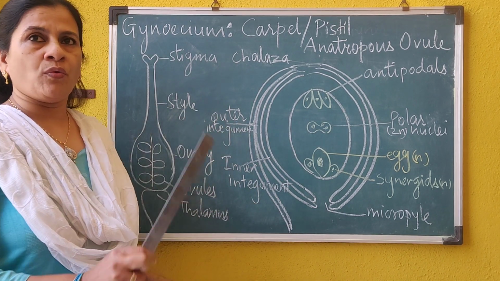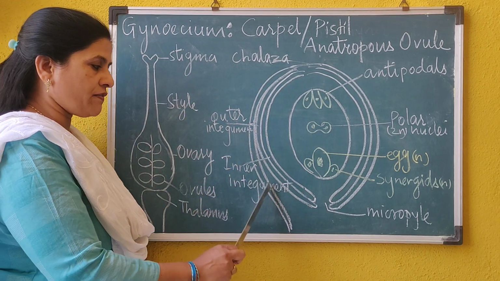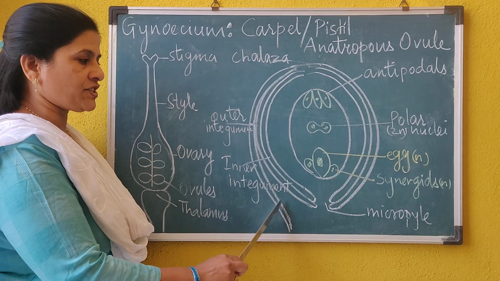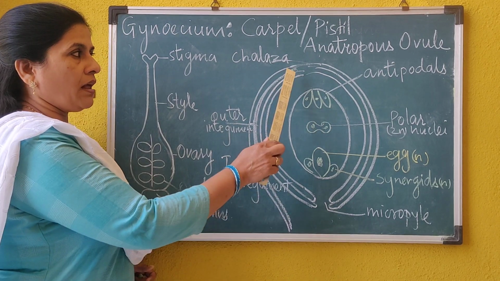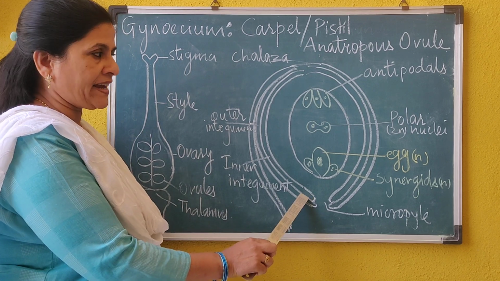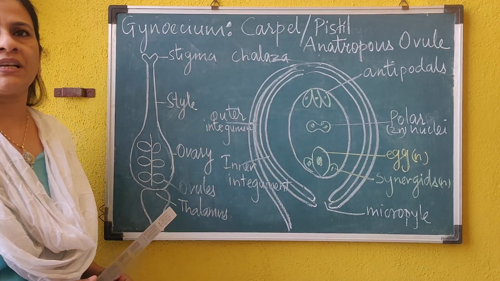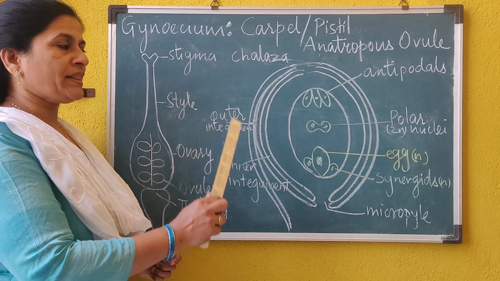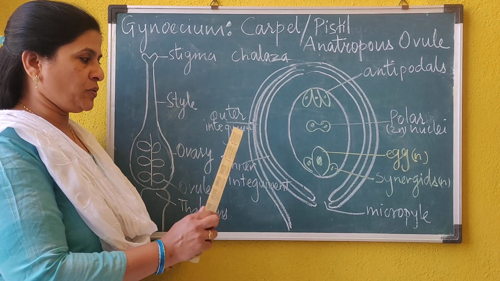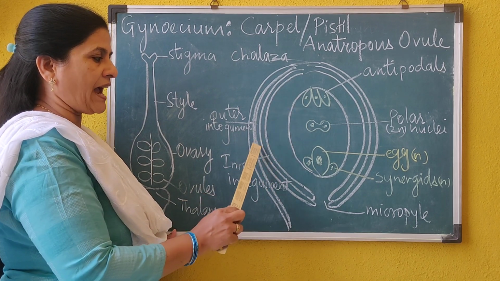Basically each ovule has got 3 basic parts. The stalk of the ovule is called as funicle. Then the covering of the ovule is called integument, and the central portion is called as nucellus. So when the ovule is immature, you can see funicle, then nucellus and integuments.